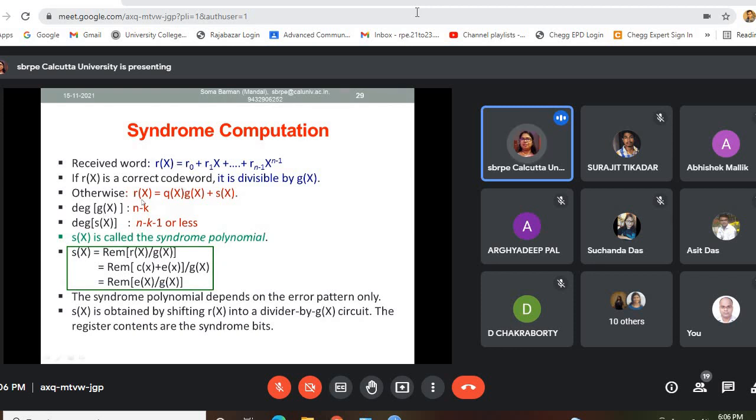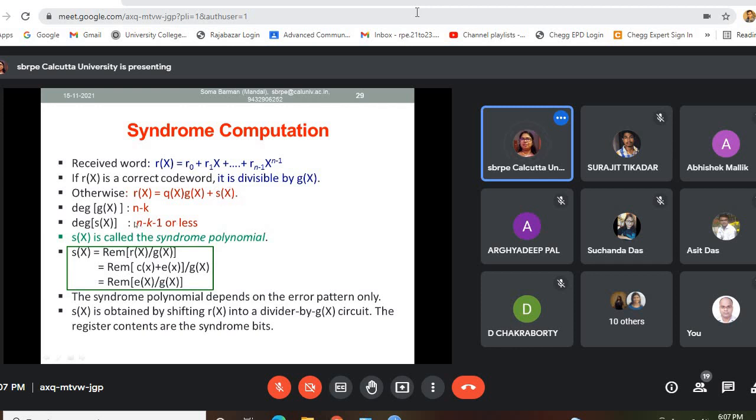Otherwise Rx will be Qx Gx, the quotient into Gx, plus Sx. Actually this is your valid code word, and this is your error.